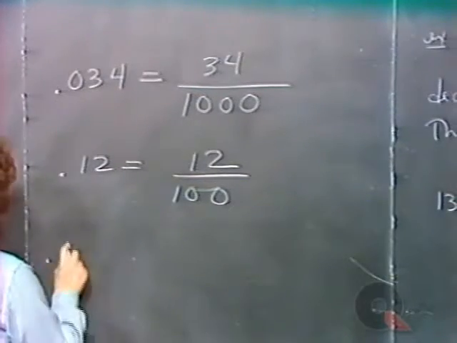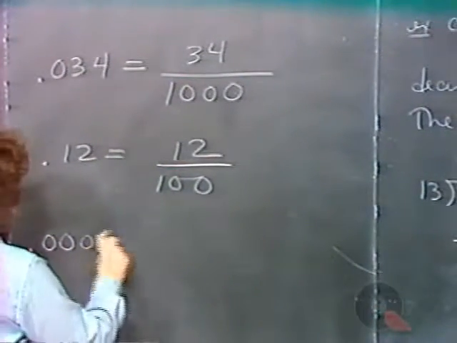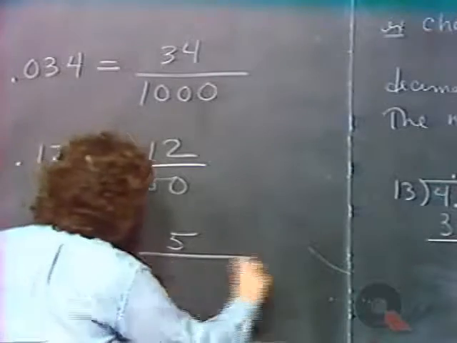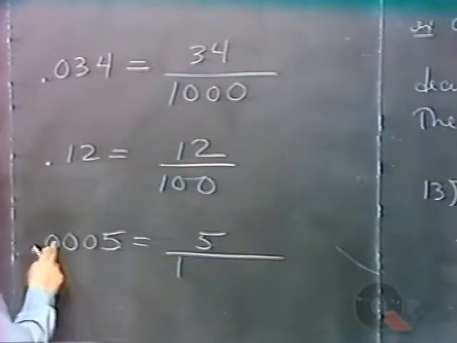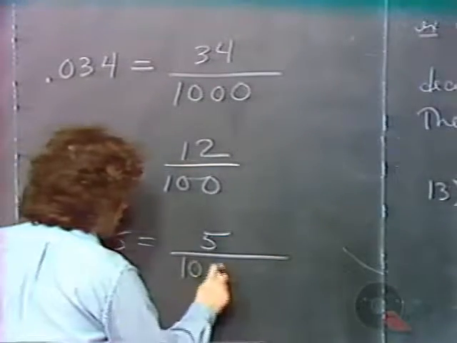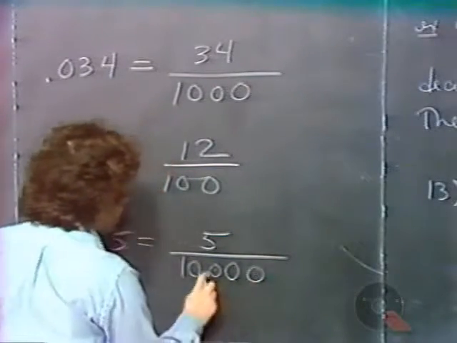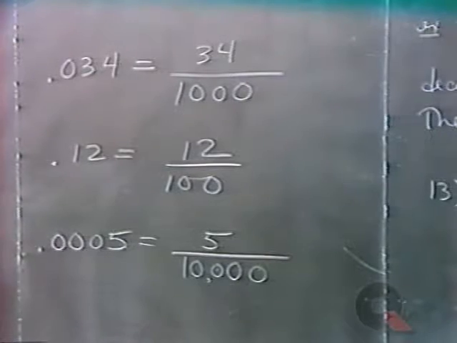And finally, 0.0005 would be 5 divided by 1 followed by 1, 2, 3, 4 zeros, 5 ten-thousandths.